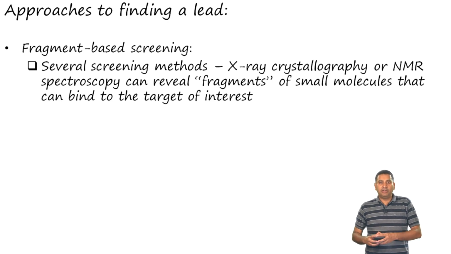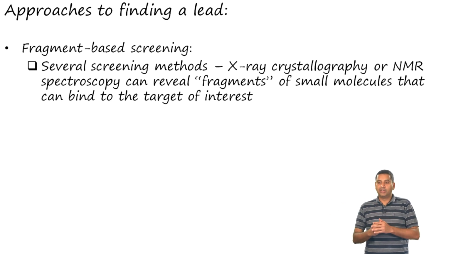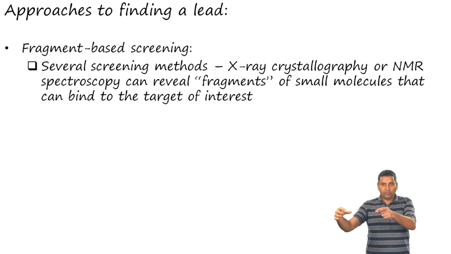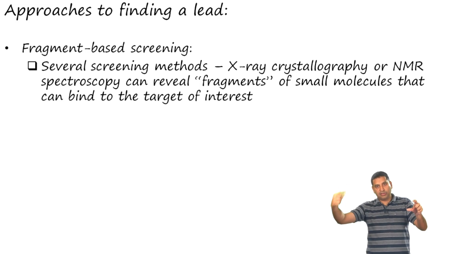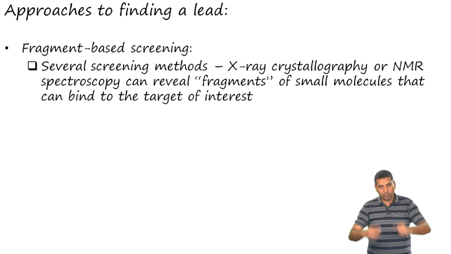Now, this is obtained by X-ray crystallography or NMR spectroscopy, and once we identify these functional domains in the protein, it reveals to us certain fragments of small molecules which can interact or bind with these targets of interest. So, once we have this information, that becomes the foundation for us to screen for more molecules. So, we would take a particular fragment from this, build up structures, add methyl, ethyl, phenyl groups and so on, and then try to achieve the right kind of most efficient binding compound.